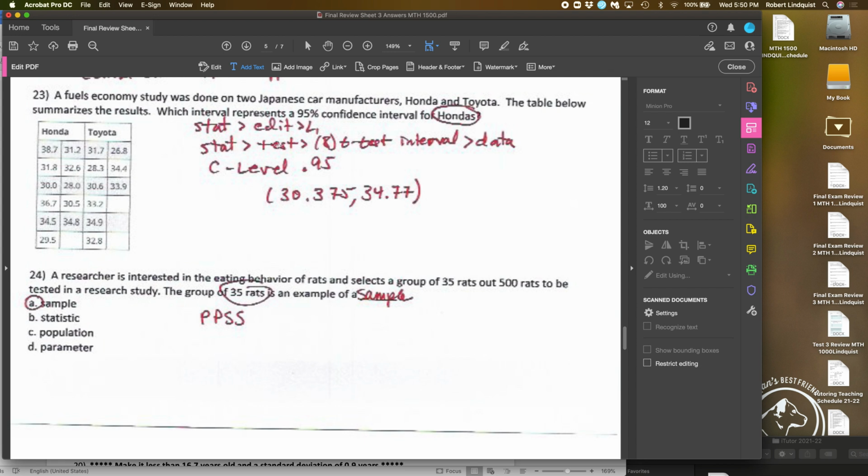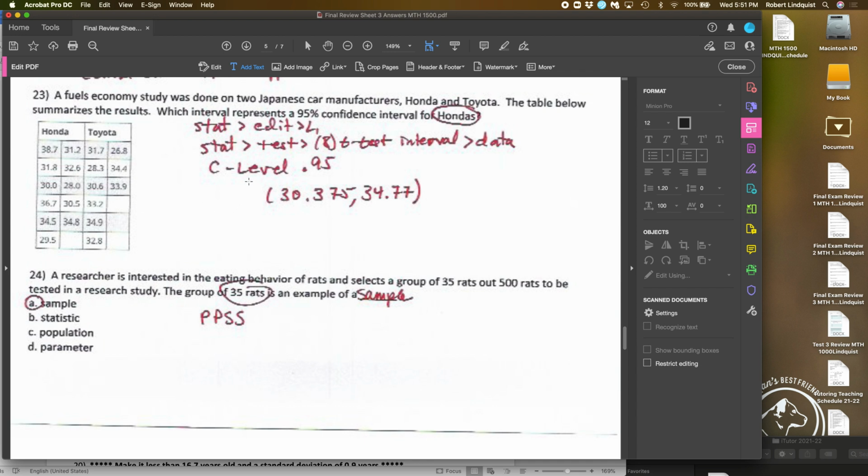Then I go to Stat, Test, and it's very important that you realize here that we're only entering, I think, 11 pieces of information. So we do not do a Z-test, we do a T-test. T-test works with limited amounts of data. So I go to Stat, Test, 8, which is the T-interval, and then the input is data, because I'm going to use this list, and make sure you use L1.